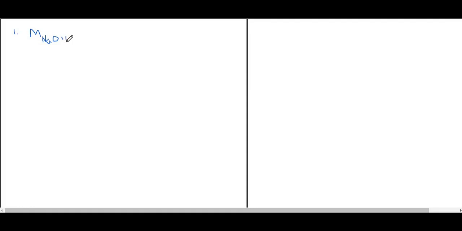So it's NaOH. And that mass that is given to us is 3.5 grams.